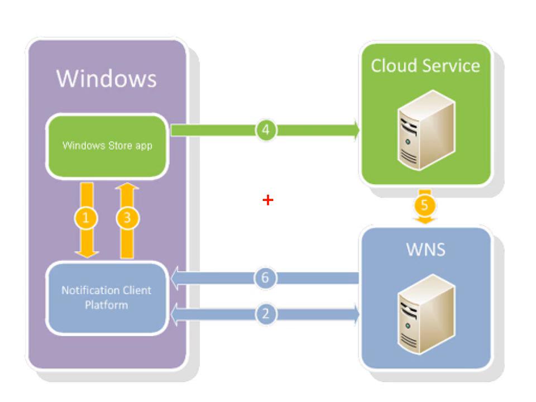So what we have to do is our Windows Store app, right? So first of all, we got to register in the Windows Store app, and we got to associate our application with the Windows Store app which we have created, and then we would request the notification client platform.